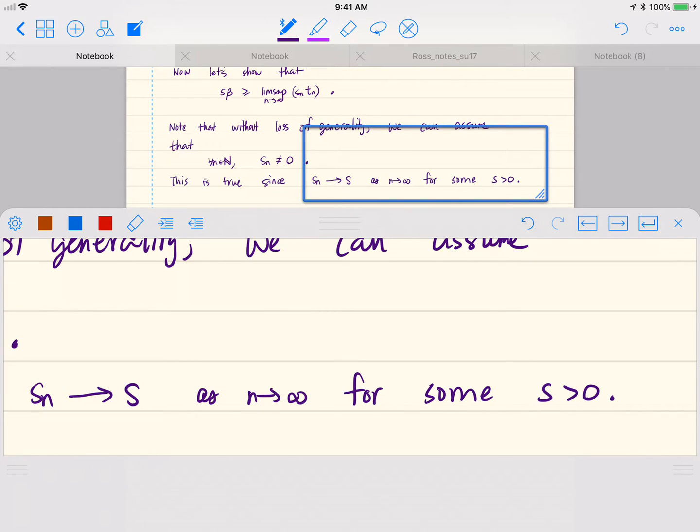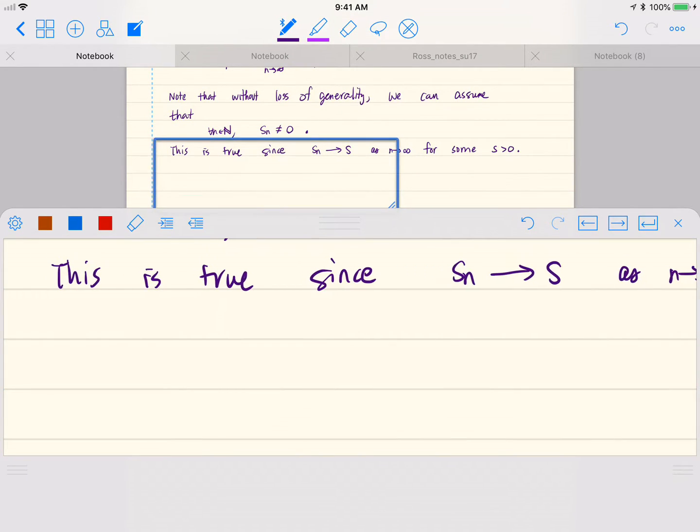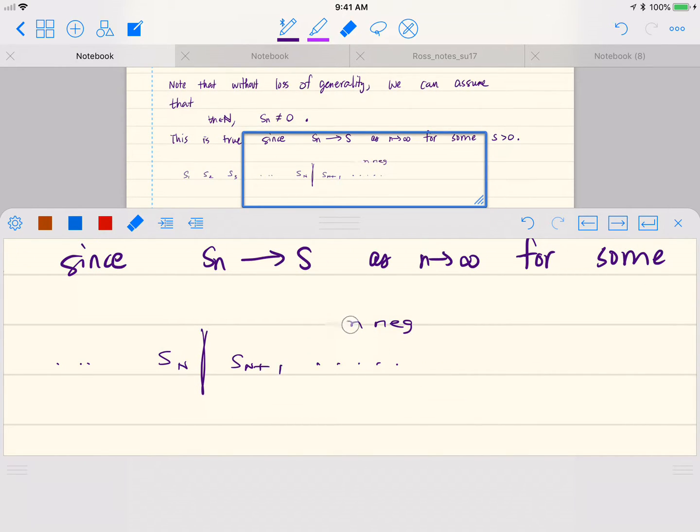If we look at our terms S1, S2, S3 and so on, at some point all of the terms have to be strictly positive.